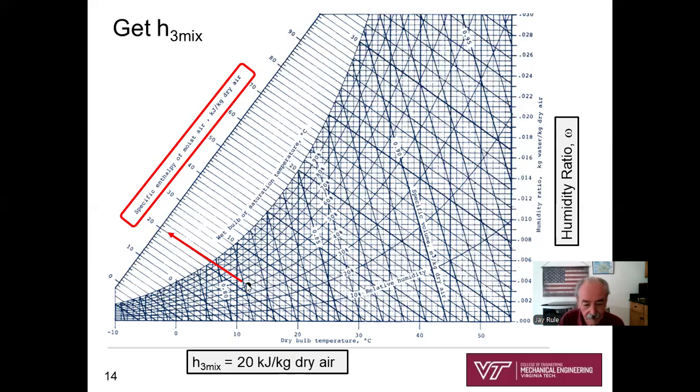But again, here's our dot. So we'll study on these straight lines swooping downwards, and we'll read off that H3 of our moist air mixture is 20 kilojoules per kilogram of dry air. So I'm going to write that down in my solution as well.